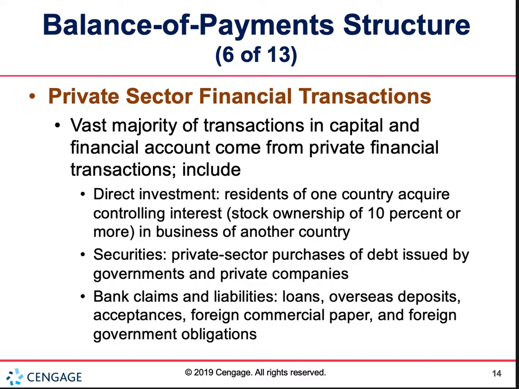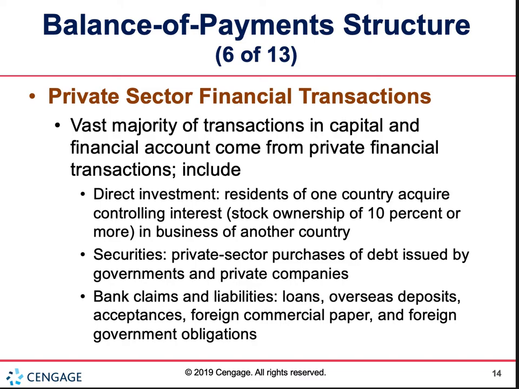Securities, this is a private sector purchase of debt issued by government and private companies. So you can purchase debt from other countries, and they promise to pay you back in a certain amount of time. Now, securities could be in the form of treasury bills, treasury notes, treasury bonds, and also securities of private enterprises. Now, bank claims and liabilities.